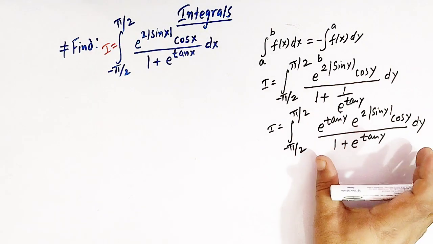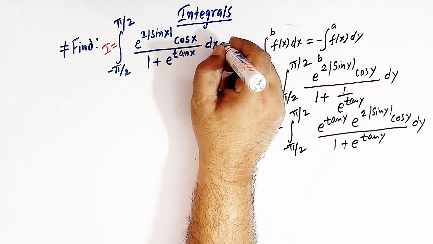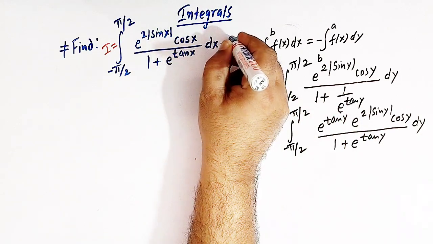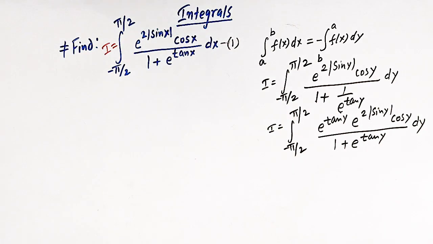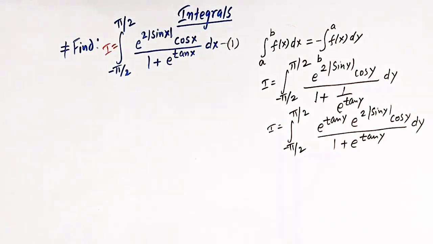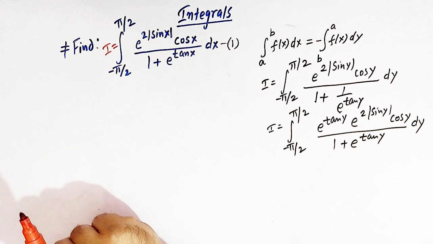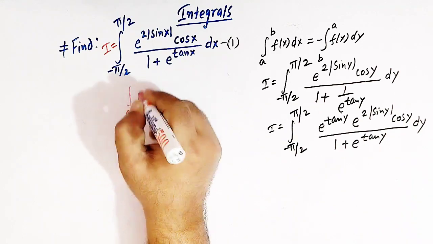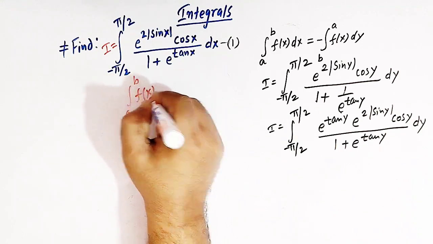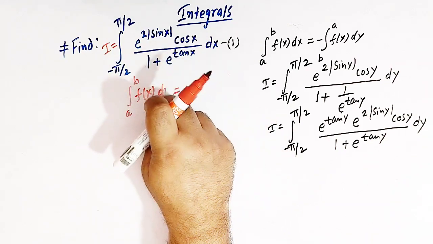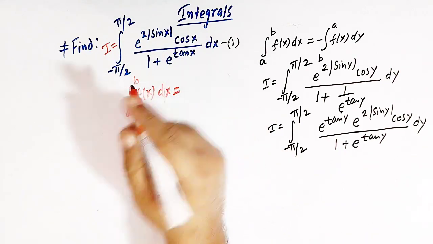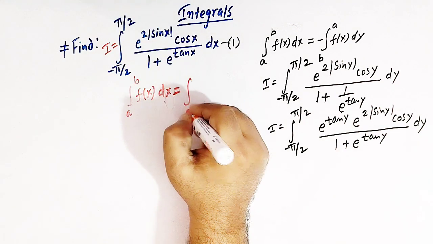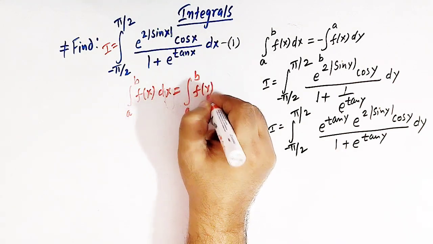So viewers, now we have this integral. Let us call this integral 1, which is the initial integral. Now we can also apply one more property of definite integrals, called the dummy variable property. If we have the integral from a to b of f of x dx, then we can write this integral as a to b f of y dy.